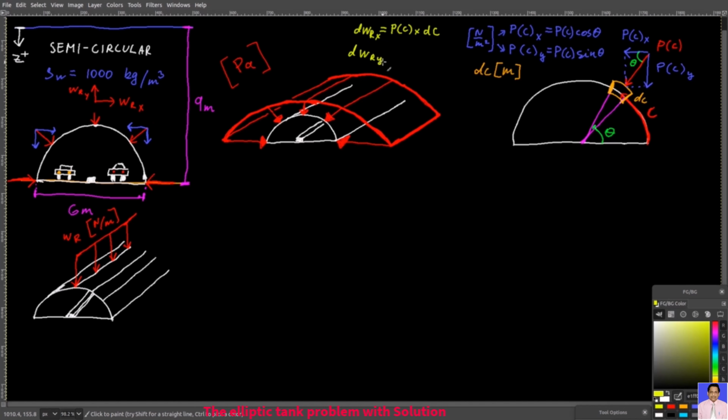And the same thing with dWRY, the differential force per unit length in the Y direction: it will be the pressure in the Y direction times dC.